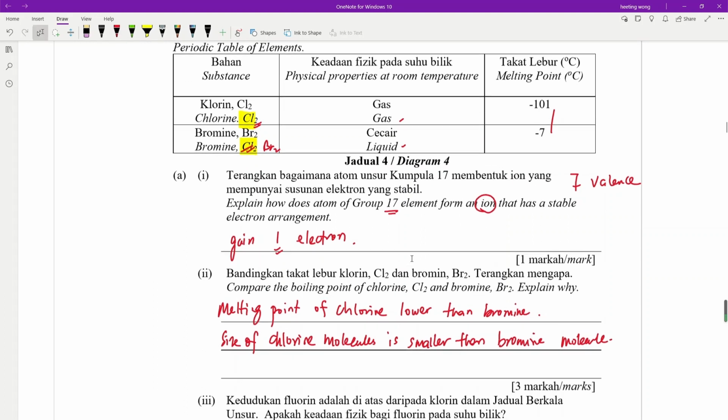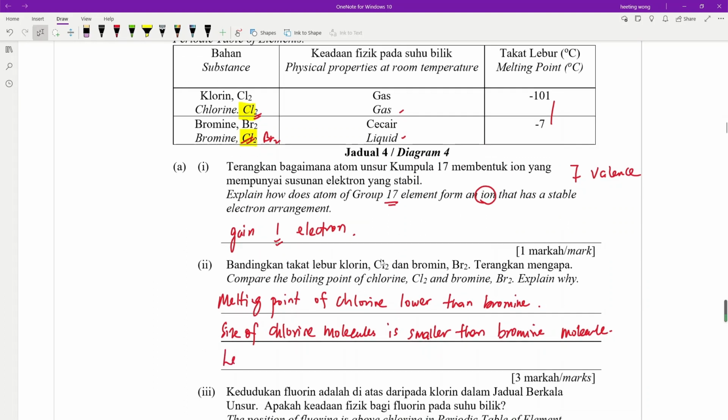Then what is the consequence? Less heat energy is needed to overcome the weak van der Waals, or you can mention the intermolecular force.